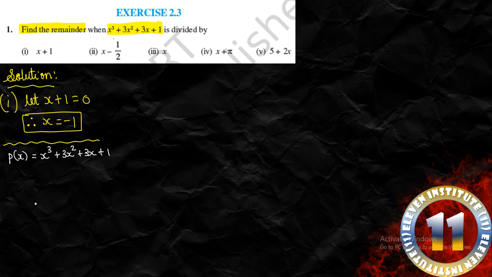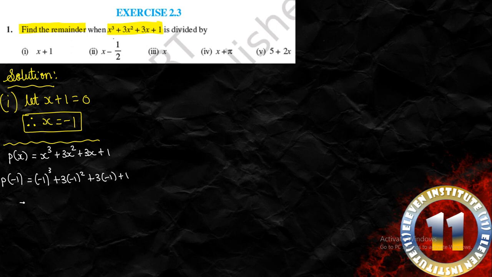This is our polynomial. Now instead of x we will write minus 1. So this will become p of minus 1 is equal to minus 1 the whole cube plus 3 into minus 1 the whole square plus 3 into minus 1 plus 1. Wherever we find x, we have put minus 1.